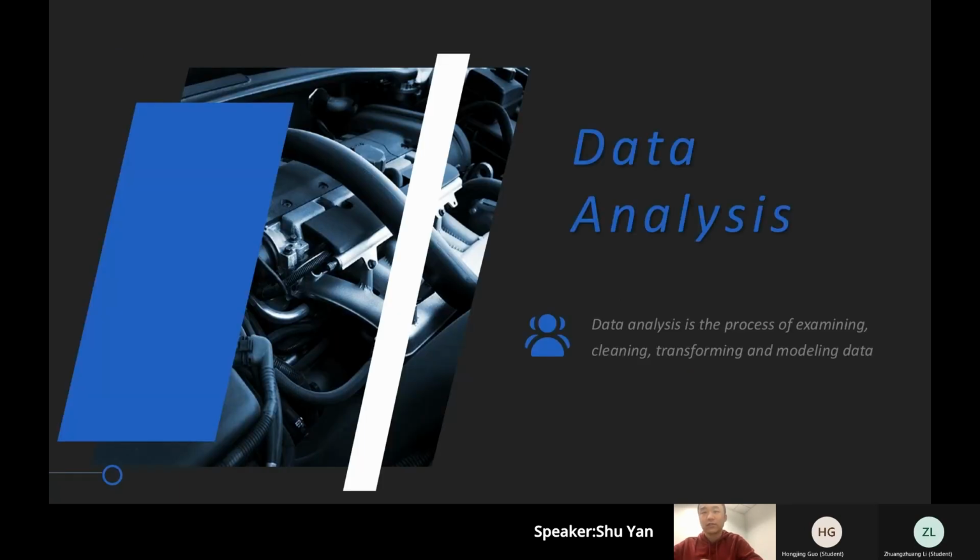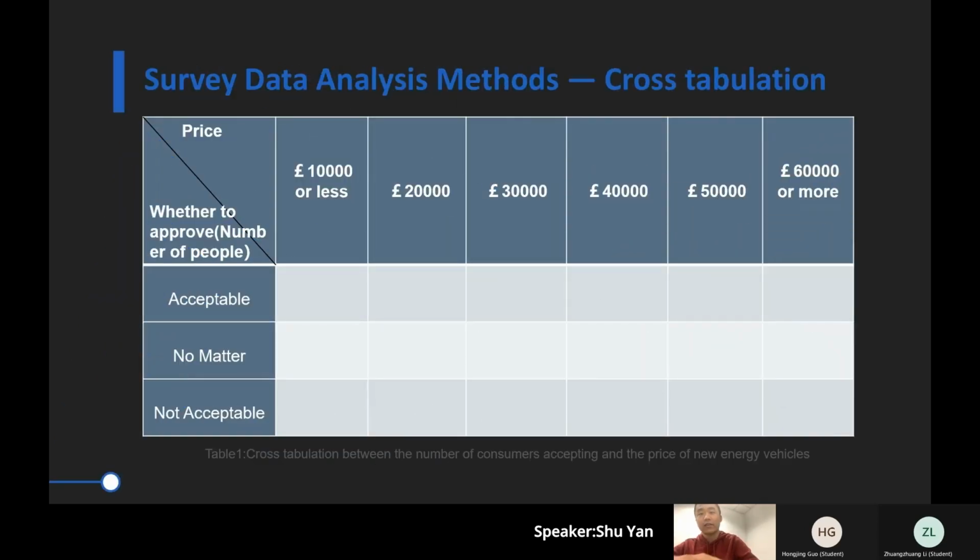In marketing research, survey data must be analyzed to ensure that it contributes to the researcher's objectives. When conducting survey analysis, cross tabulation is a quantitative research method applied to the analysis of the relationship between two or more variables.